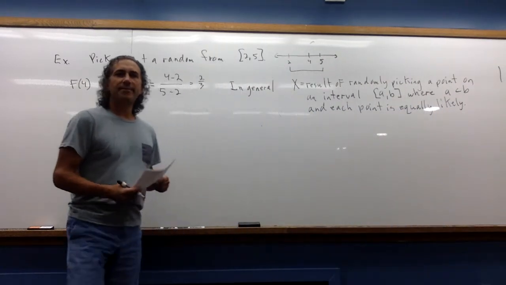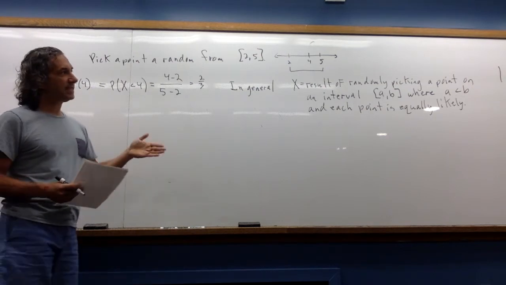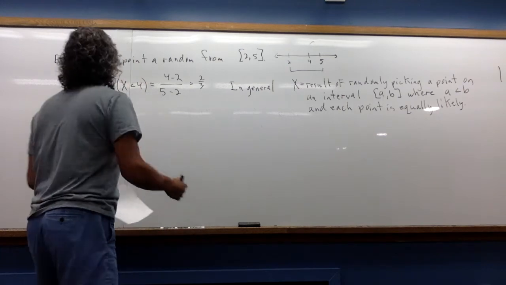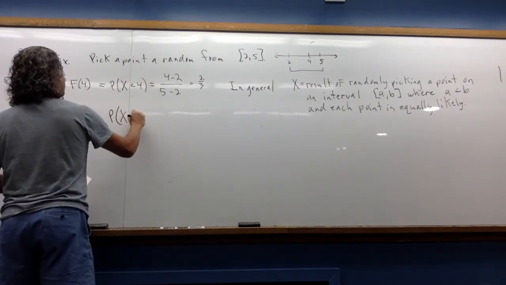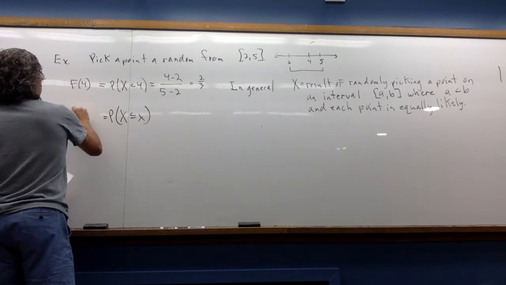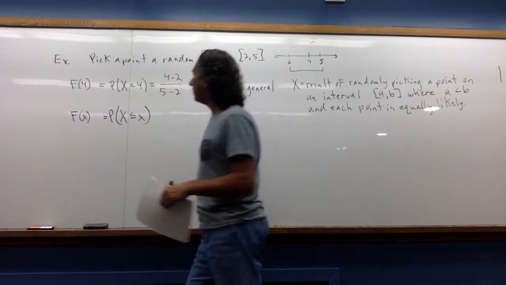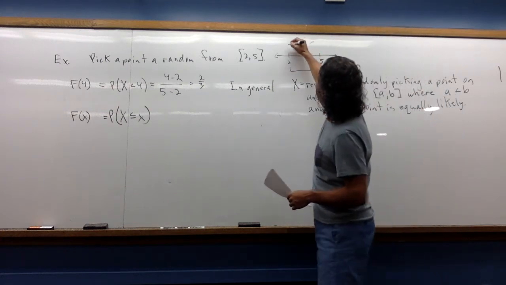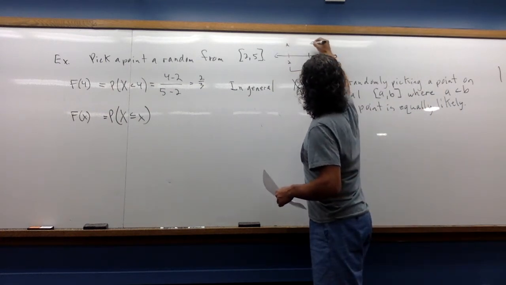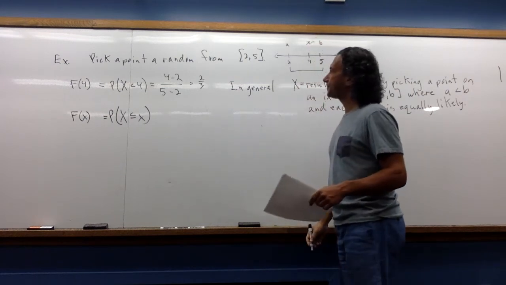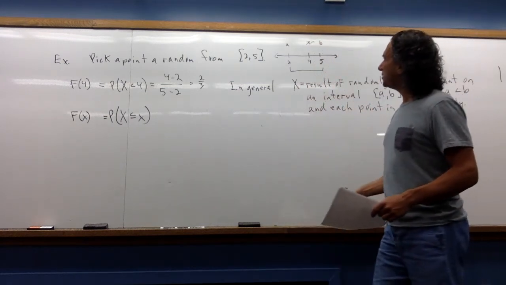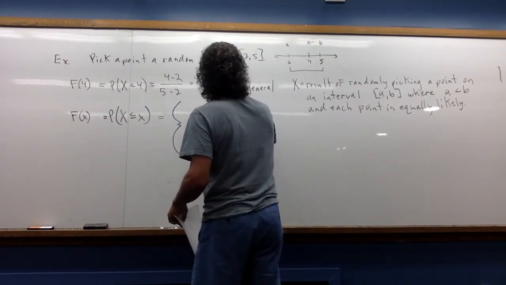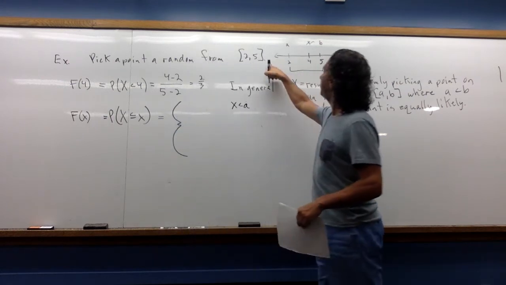My goal right now is to come up with the CDF, and then from the CDF I'll take its derivative, and then I will derive the PDF. So first the CDF. Let me write it over here so we can see what we did over here. We want the probability that x is less than or equal to x. And our interval, again, is now from A to B. So this guy here is x. We actually have to case this out. In case 1, x is less than A. It's in this interval here.